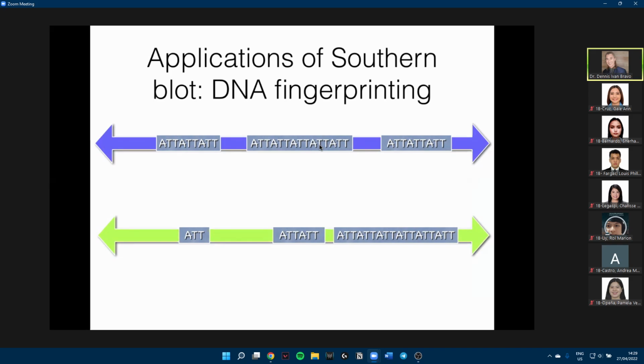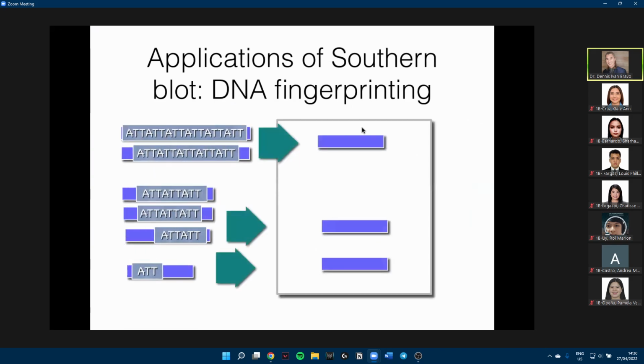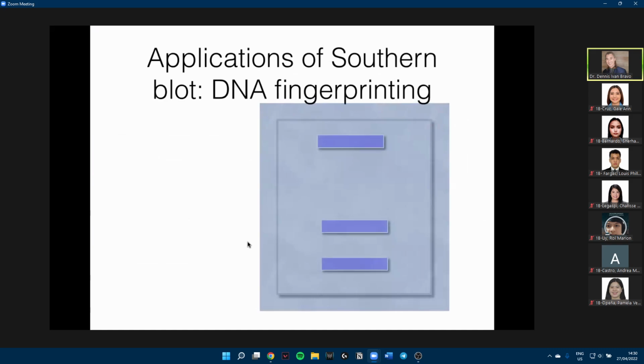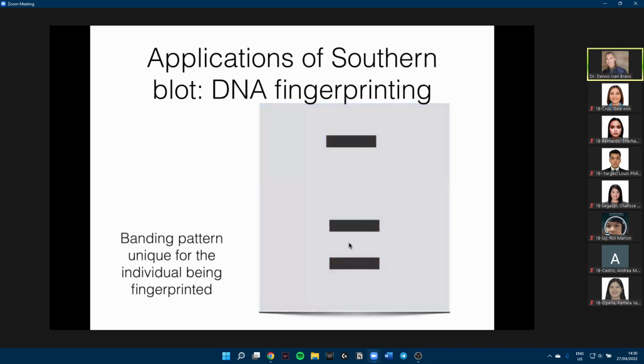So as always, after isolating genomic DNA, same steps, cut using restriction endonuclease, generating fragments that will be arranged according to size using gel electrophoresis. Blot to transfer on a nitrocellulose paper, bake, no longer shown, and then hybridize with a probe that binds to VNTR. Take an X-ray photograph. You are going to obtain a banding pattern that would be unique for you, like a barcode. So since it's unique for you, it can be used for forensic purposes.